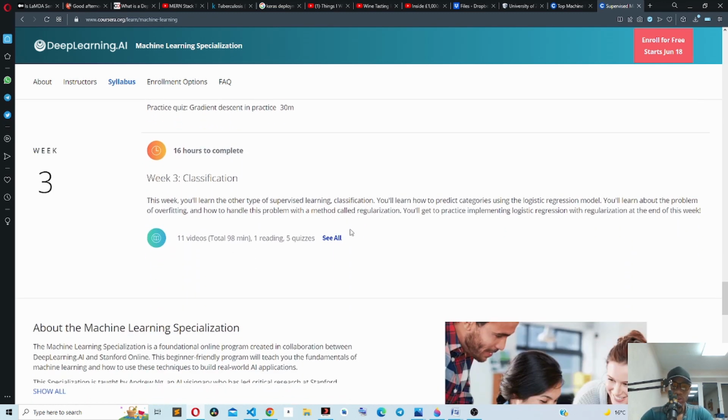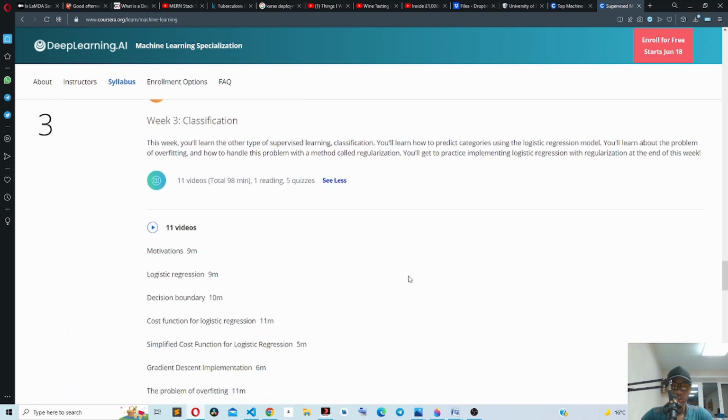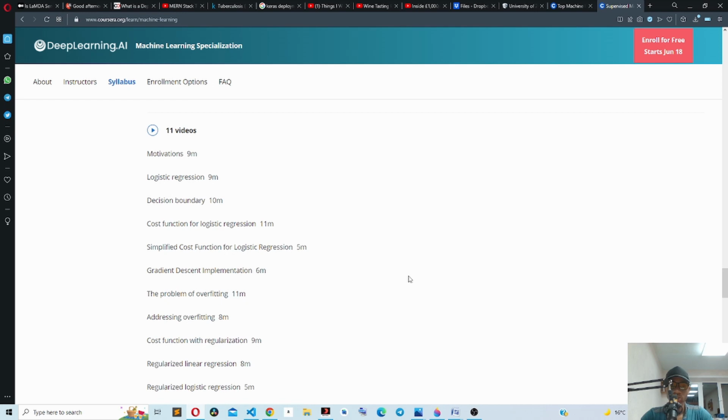So 16 hours to complete, and then they will introduce you to classification, motivations, and logistic regression. This is another very important algorithm. When you learn this course, make sure you really grasp the logistic regression algorithm, because when you start doing neural networks or deep learning, it inherits some concepts from logistic regression.